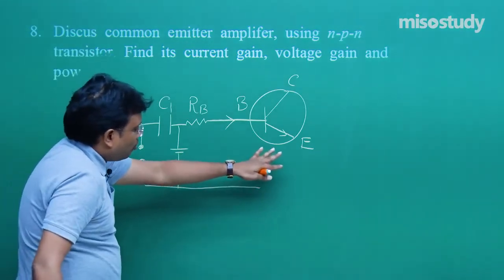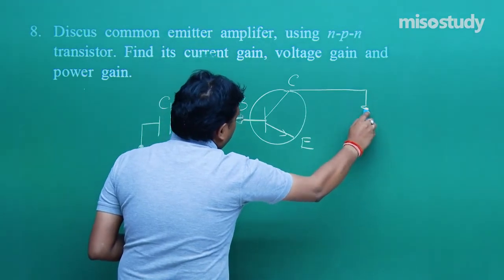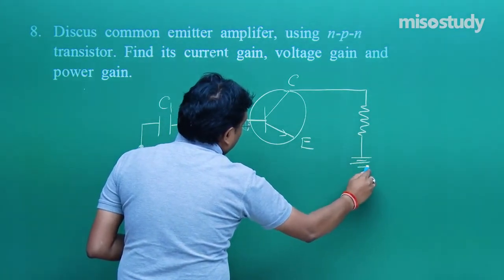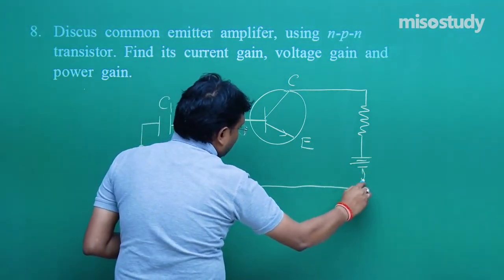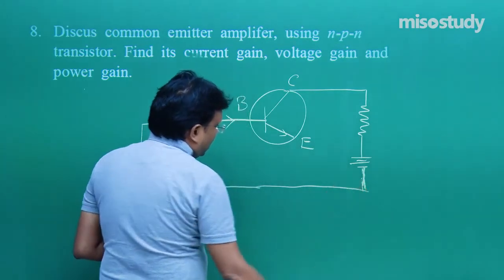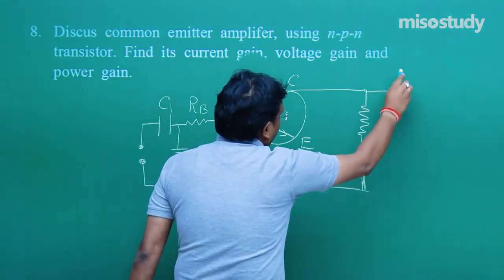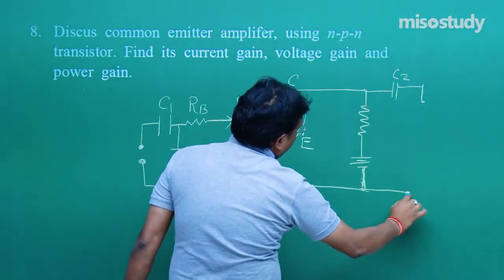Then, moving on, you have to connect a load resistance RL, and after this one more capacitor is required, let us say C2, and here it is going to be the output.